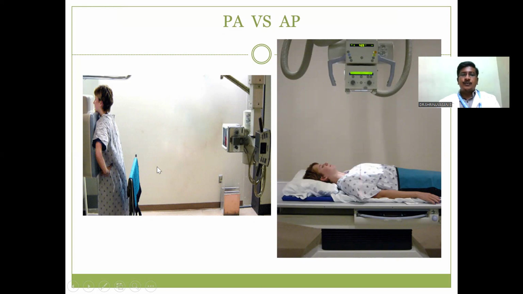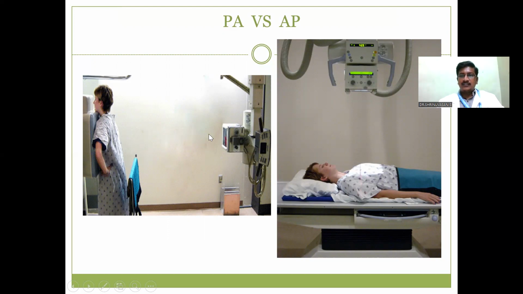So where will you use PA view? This PA view is more accurate because we take the gap. This is called the source to film distance, and we keep it 6 feet. For example, we will ask the patient to stand 6 feet apart from the X-ray source.